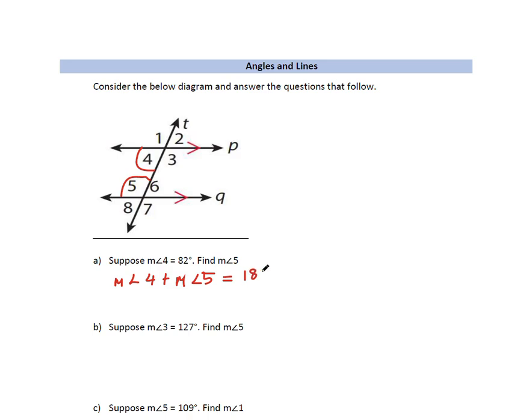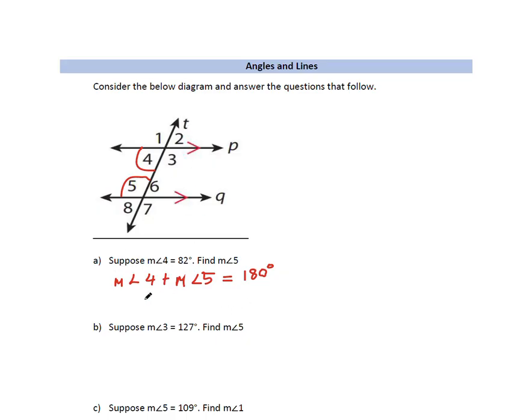And again, this is because angles 4 and 5 are same side interior angles. Interior because they are within the two parallel lines P and Q, and same side because they lie on the same side, here left of the transversal T.